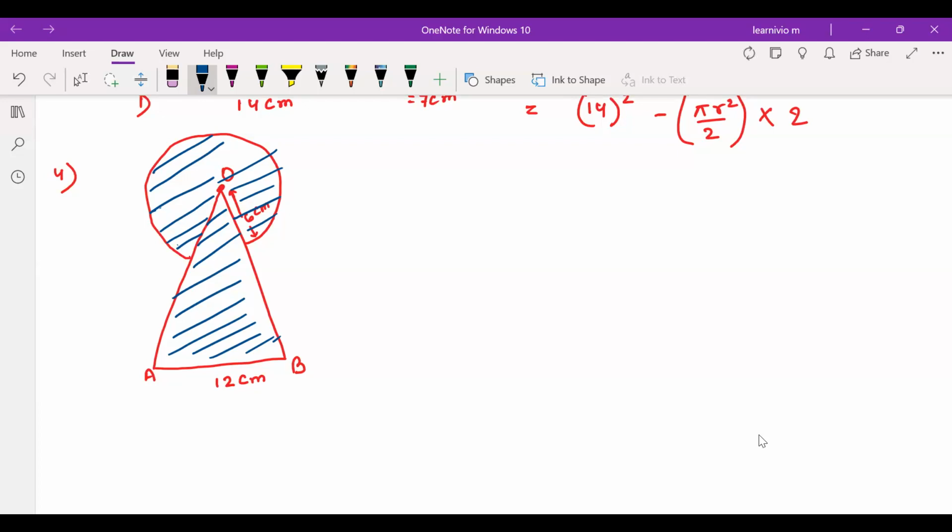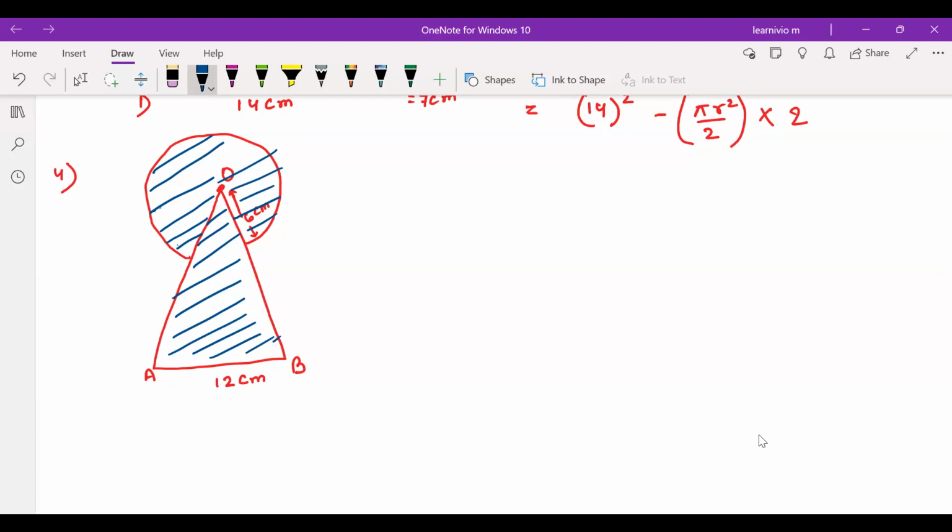So OAB is an equilateral triangle, and we have to find the area of the complete portion. Any idea how to find the area of this complete figure? Anyone?